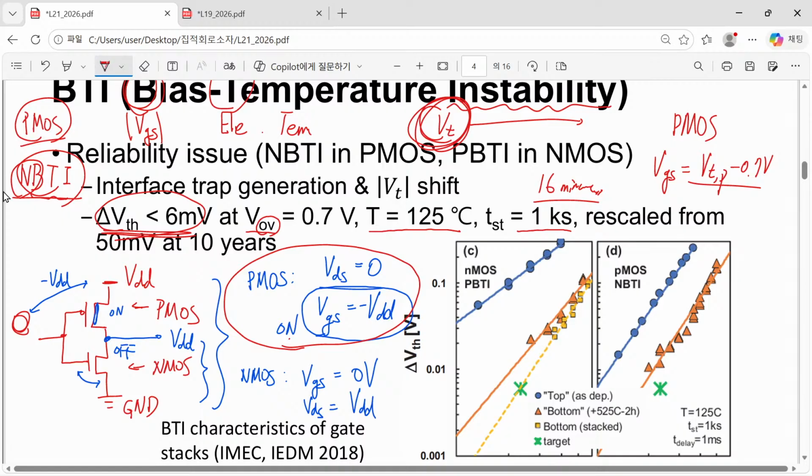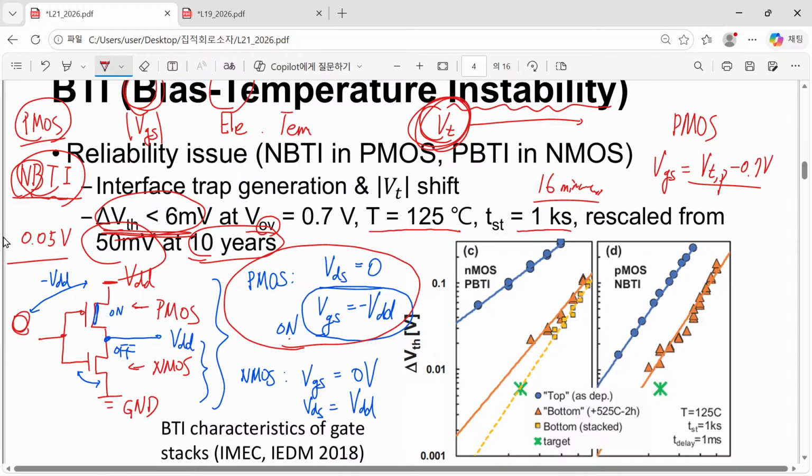Well, 6 millivolt is not that high, but if we project it to room temperature, then at 10 years that corresponds to 50 millivolt, which is almost the border of our reliability problem. 50 millivolt is 0.05 volt, but we have to guarantee that even though we use it for 10 years, our threshold voltage does not vary that much.